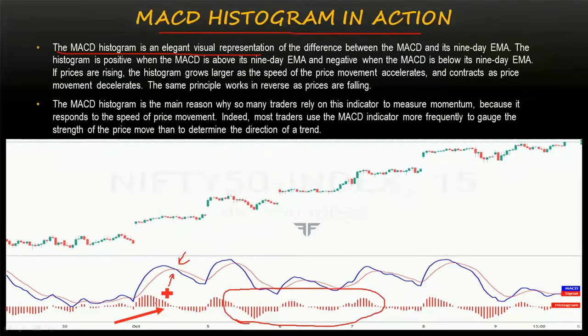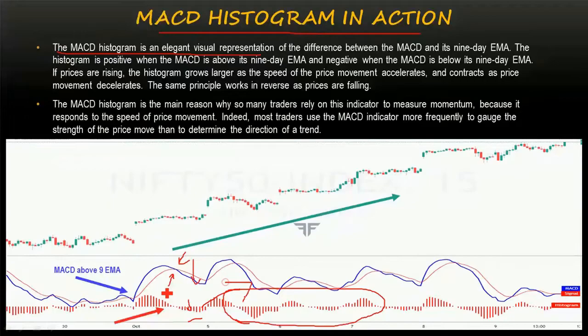The histogram is positive when the MACD is above its 9-day EMA, and negative when the MACD is below its own 9-day EMA. If prices are rising, the histogram grows larger as the speed of the price movement accelerates, and contracts as the price movement decelerates. The same principle works when prices are falling.